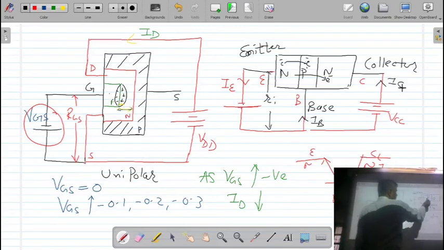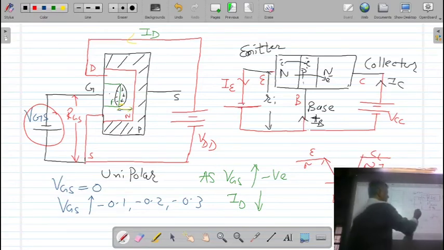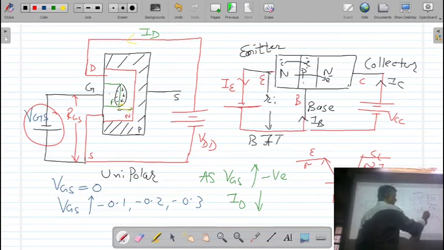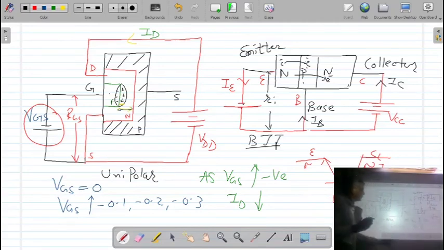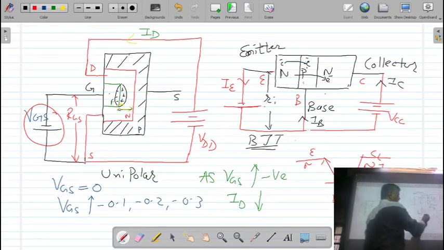So the minority charge carriers, holes, are used for the base current, and electrons are used for the collector current. So in this transistor, both types of polarity are used for the conduction. The conclusion we already did in the last semester: to operate this transistor as an amplifier, the base emitter should be in forward bias and the collector in reverse bias.